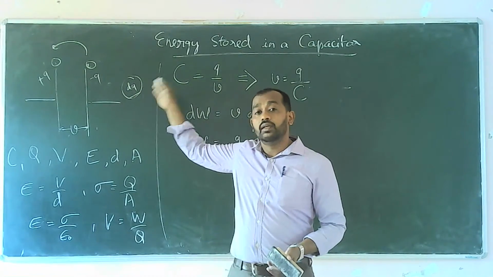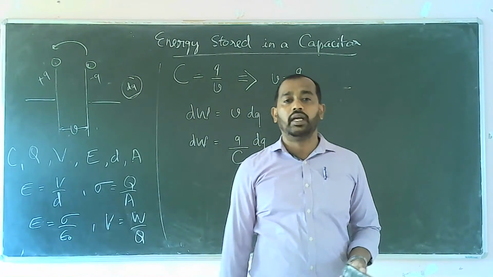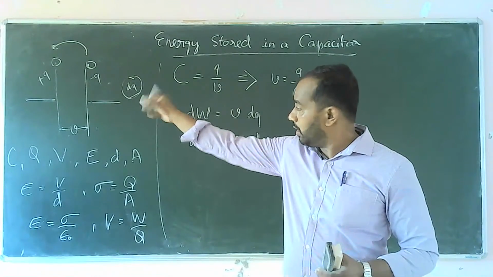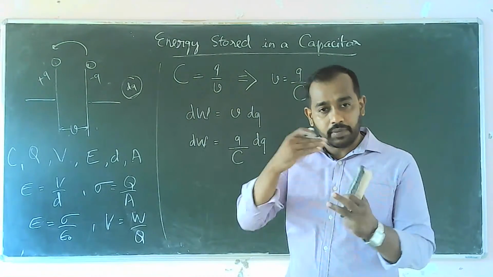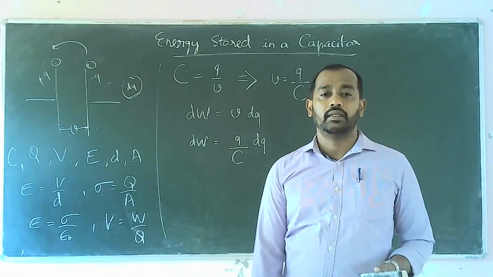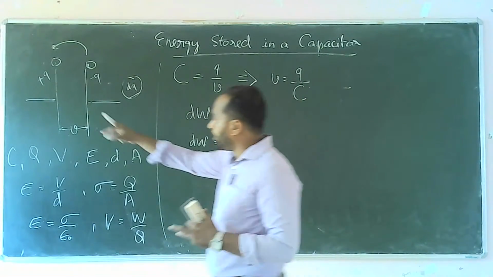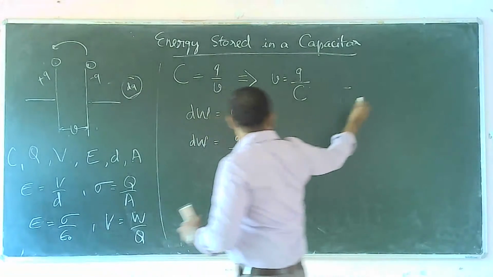But what do we need here? The total amount of work done when all the installments of charge were given to the capacitor, transferred from one plate to the other plate. Initially, what was the amount of charge on the first plate? It was 0.